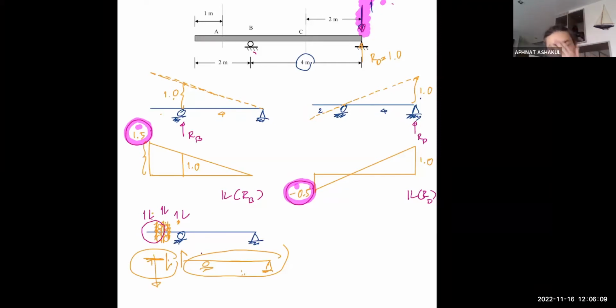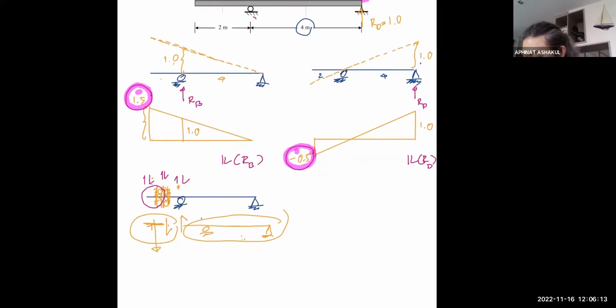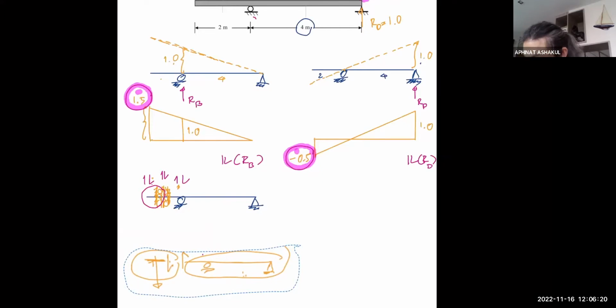So now that means the shape of the influence line of the VA is just this guy going to come down like this, right? This piece coming down.